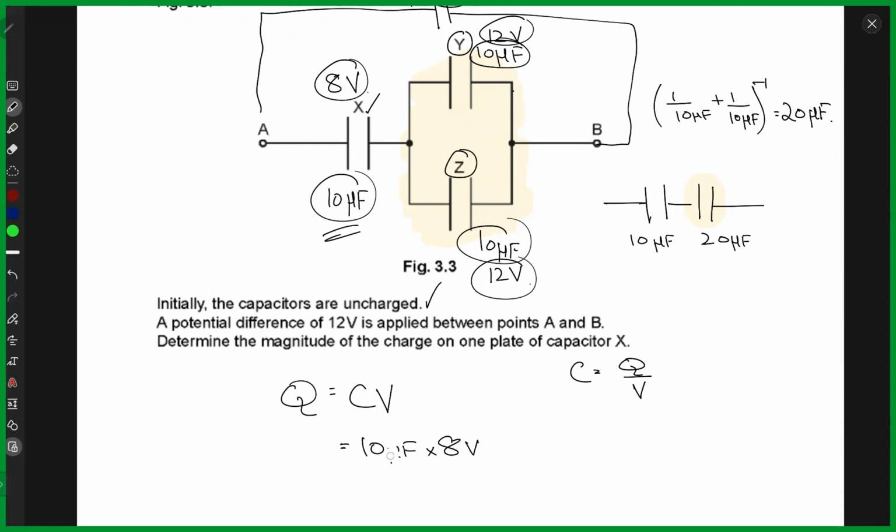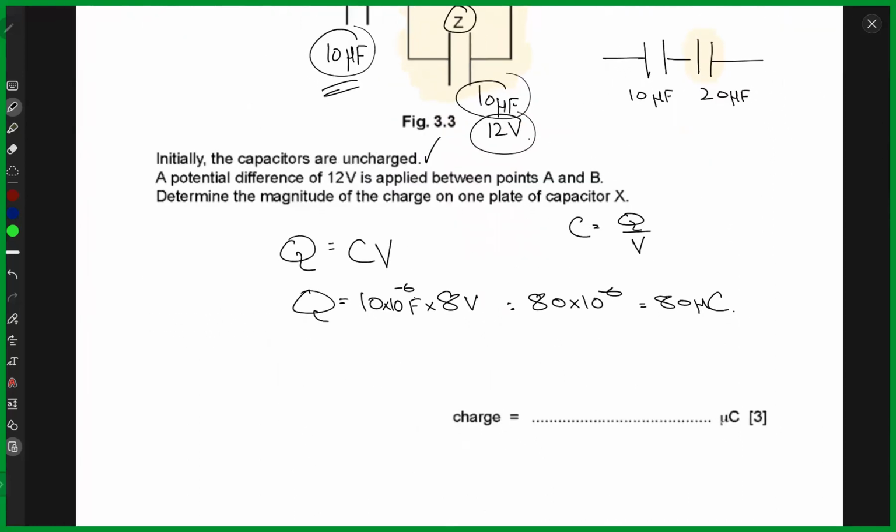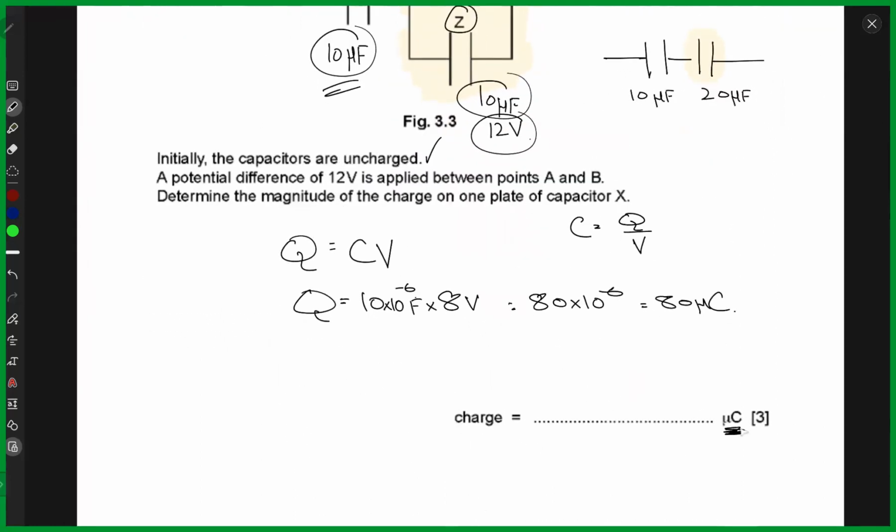So you can write this as 10 into 10 raised to power minus 6 farads times 8 volts. And this would give you 80 into 10 raised to power minus 6. Sorry, it should be 80 microcoulombs, right? Because this is the charge. So that's how we'll figure out the charge, and they're asking it in microcoulombs as well. So this would be 80 microcoulombs.